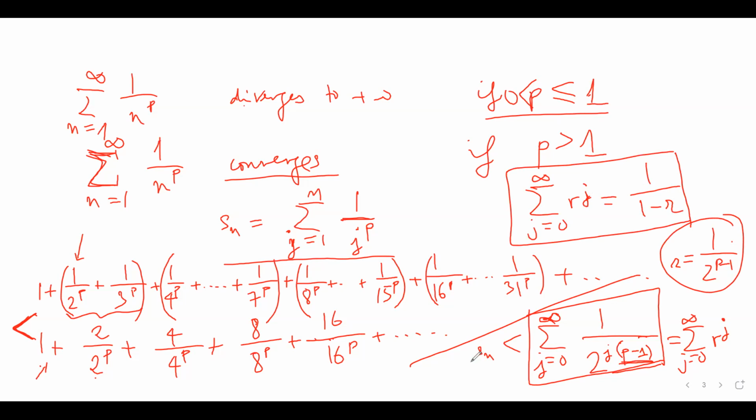So we have shown that S_n is always less than this number, where r is 1/2^{p-1}. So that shows that this series converges. We will prove this next time. And this is something called the p-series. We have shown today that when p is less than or equal to 1, the p-series diverges, and when p is bigger than 1, the series converges.